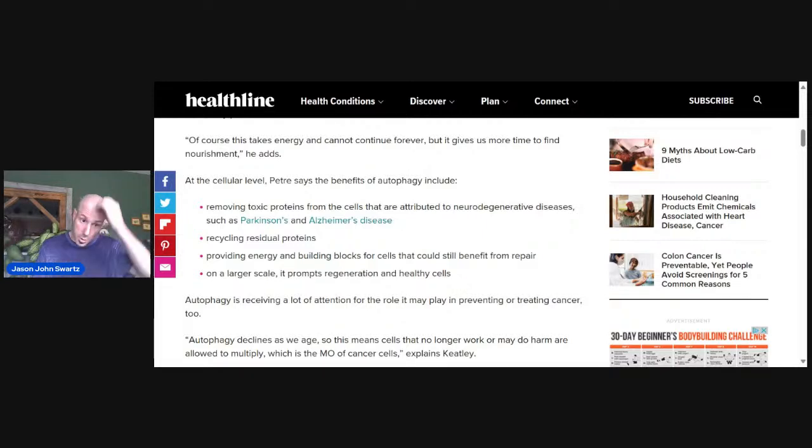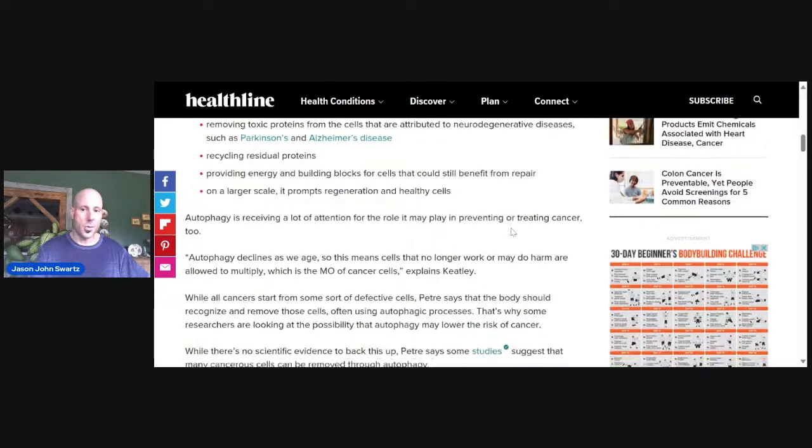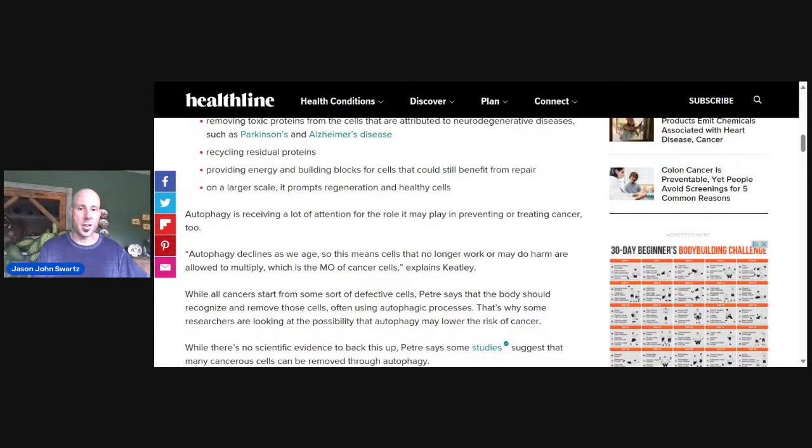On a larger scale, it promotes regeneration of healthy cells. Autophagy is receiving a lot of attention for roles it may play in preventing and treating cancer too. But I've seen a lot of medications that are trying to be prescribed to act on the automatic pathway of autophagy that comes from merely not eating anymore.